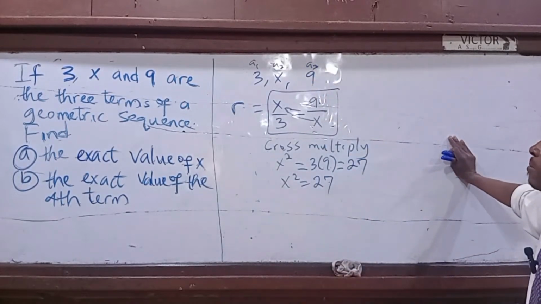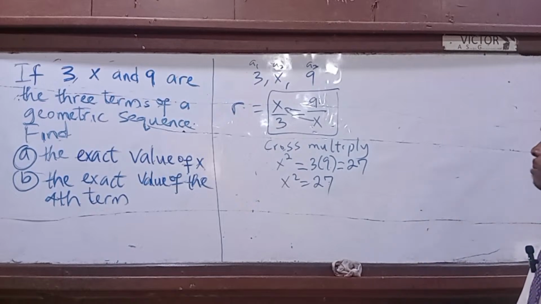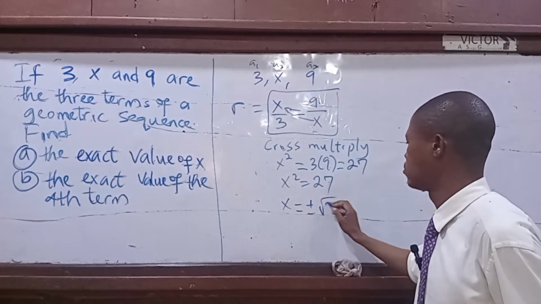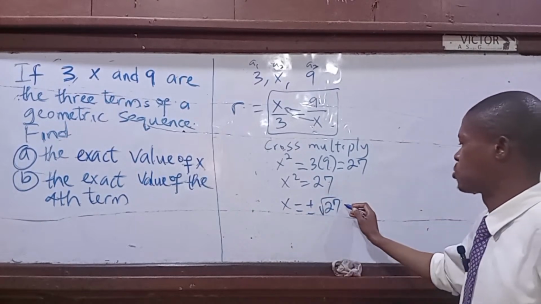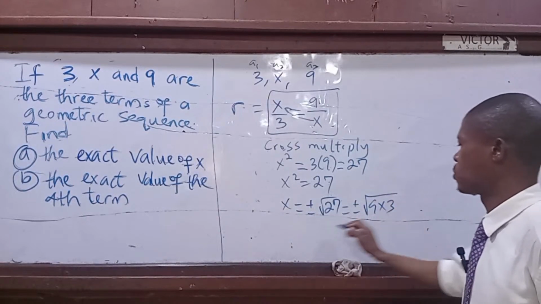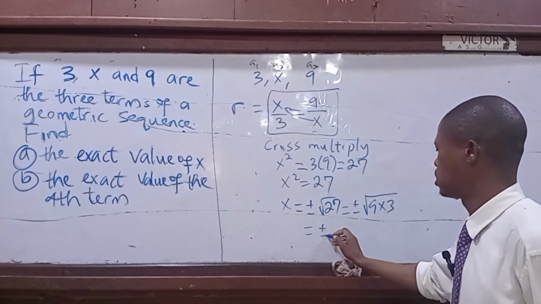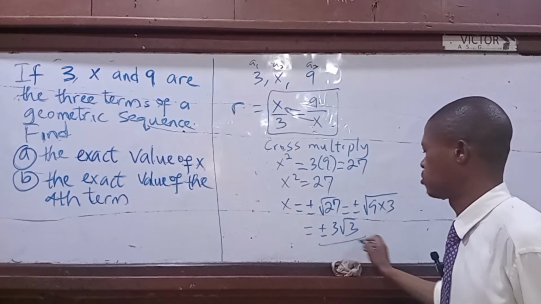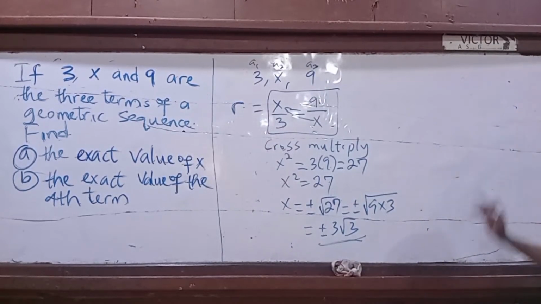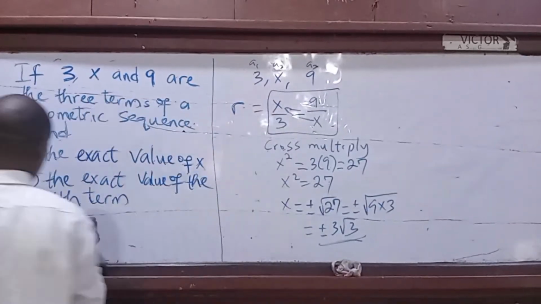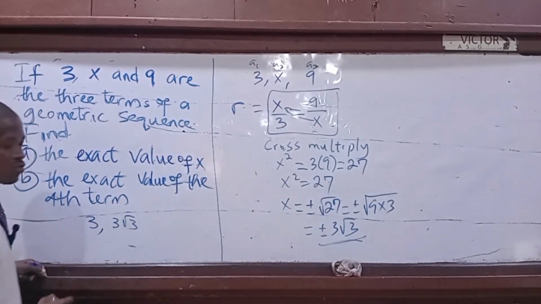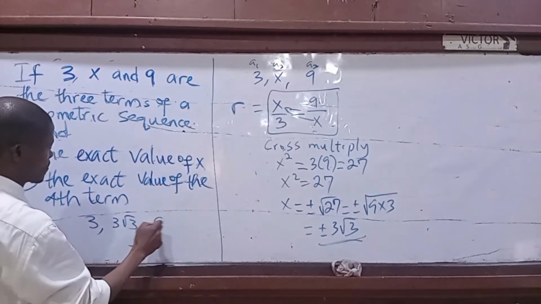So x is equal to plus or minus root 27, which is equal to plus or minus, 27 is 9 times 3, so plus or minus 3 root 3. So the sequence now will become 3, comma, 3 root 3 for the plus one, and then comma 9.